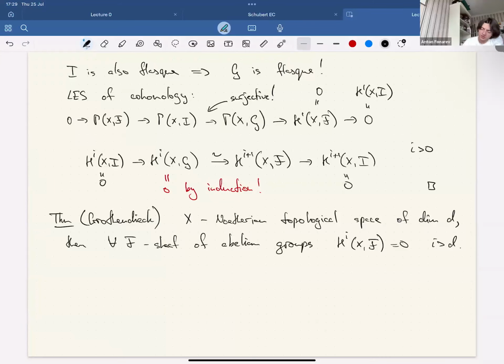Okay, so maybe I will not prove it fully. It's a very, very big sketch.